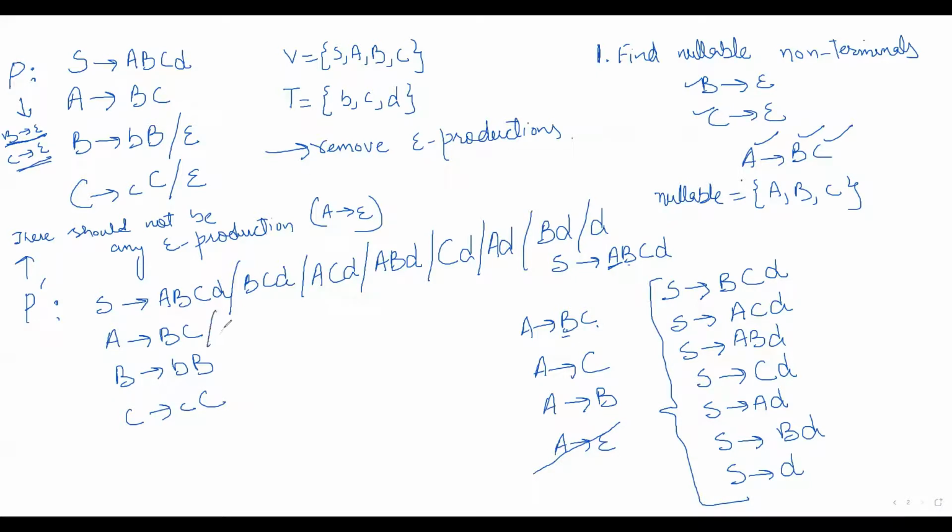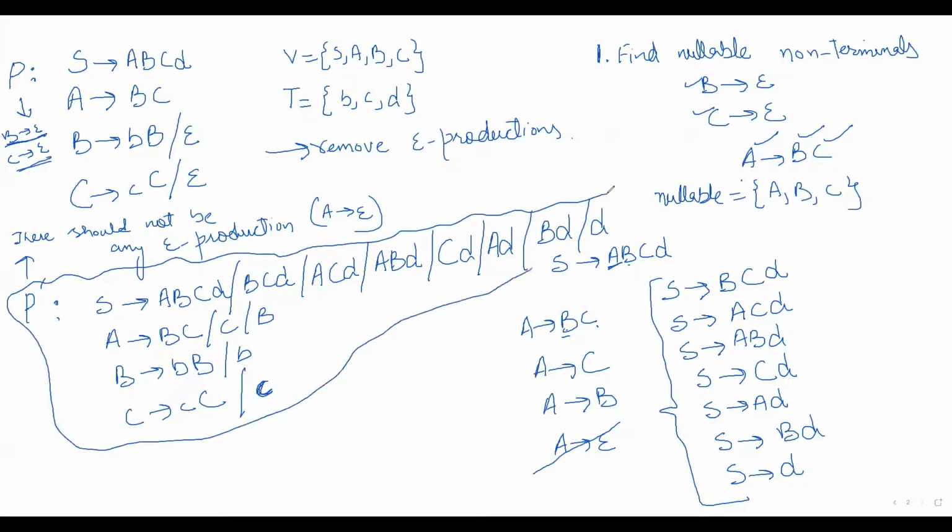So the new productions will be C and B. Likewise here, another production will be b. And here, another production that will be added will be c, small c. So this will be a new set of production rules generated from these productions, and these production rules do not have an epsilon production.